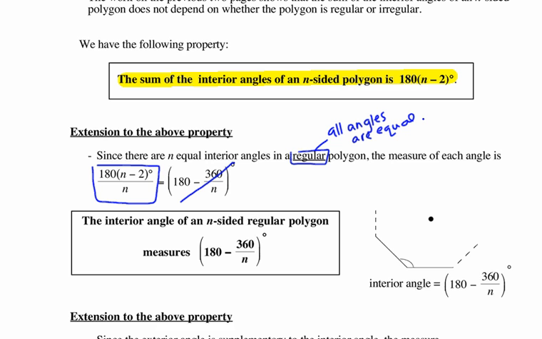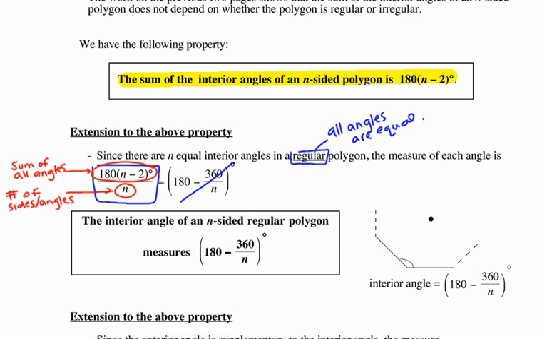How? Well, remember that 180 times n minus 2 is the sum of all interior angles. And if we knew the total sum and all the angles are the same, and we divide it by the number of angles, or sides, which is the same as the number of angles, we could get how much each angle is.